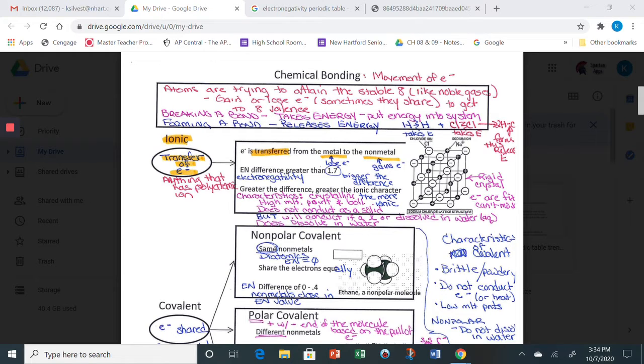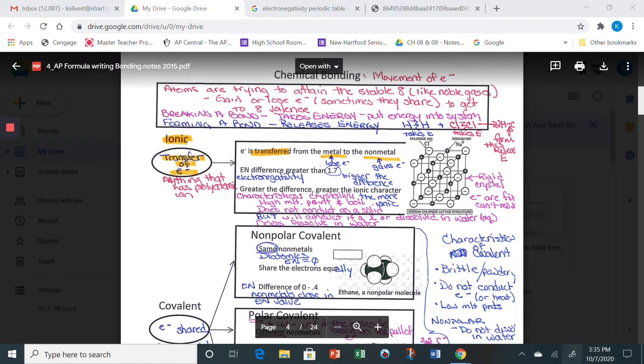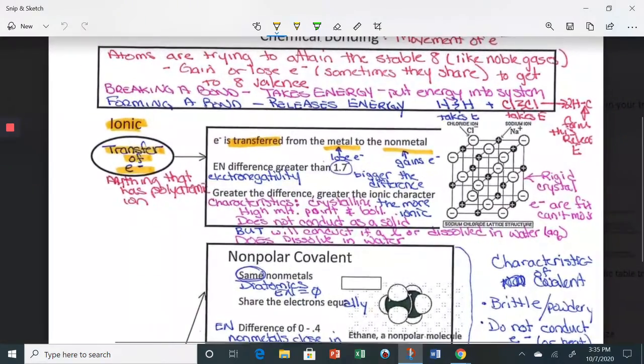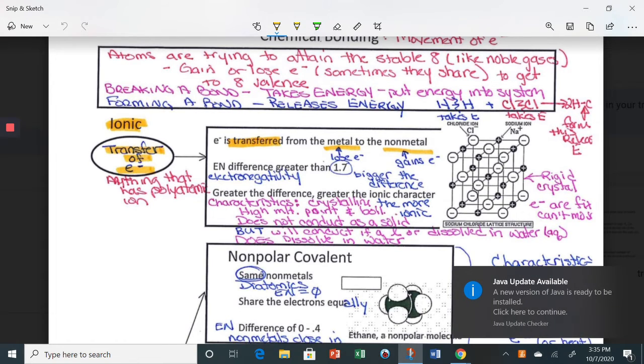So there are different ways that an electron behaves to facilitate this thing called bonding. So let's get into discussing some of them. All right. Again, movement of electrons, going from one thing to another or moving around two things equally or unequally.